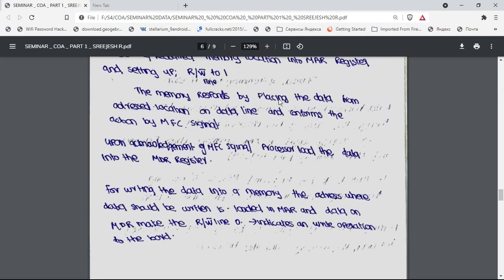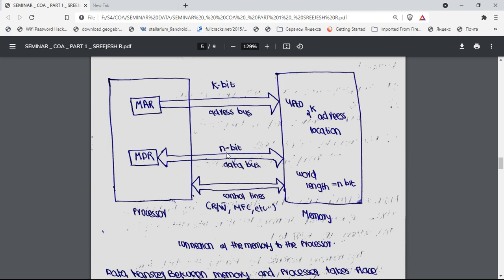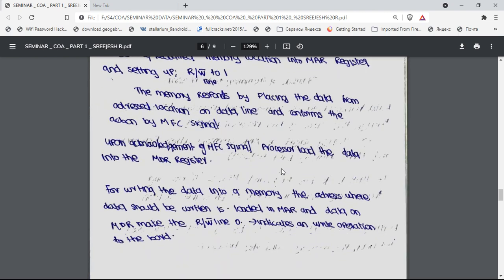Then the memory responds by placing the data from the addressed location on the data lines, which are N bits wide, depending on the word length, as we discussed earlier. Once the memory function is completed, whether it is a memory read or a memory write, there will be an acknowledgement, the MFC, memory function complete signal.